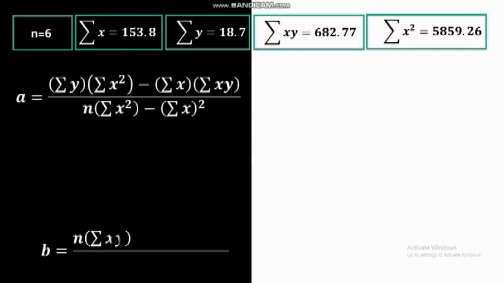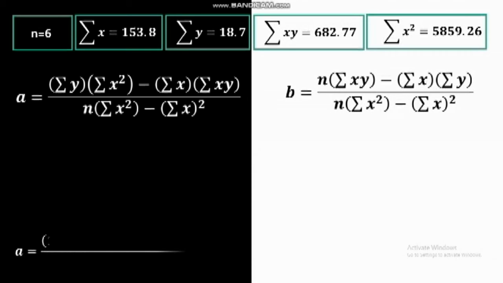And b is equal to n multiplied to the summation of xy minus the summation of x multiplied to the summation of y all over n multiplied to the summation of x squared minus the summation of x quantity squared.